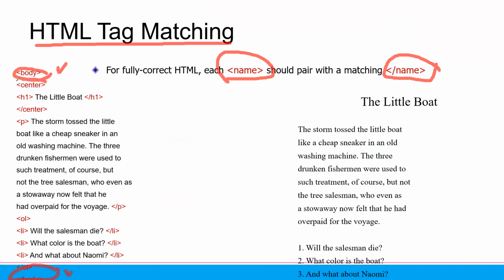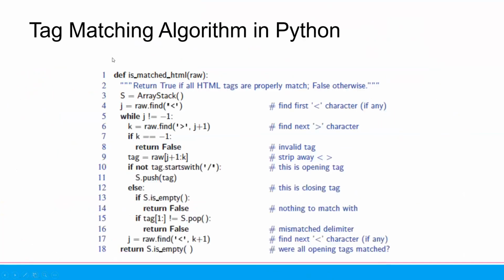I need to check center, so this is the ending of the tag. This is the starting, this is the ending. And we can make the HTML tag matching with the algorithm that we looked at before. If we use the HTML, then we also need to match it.